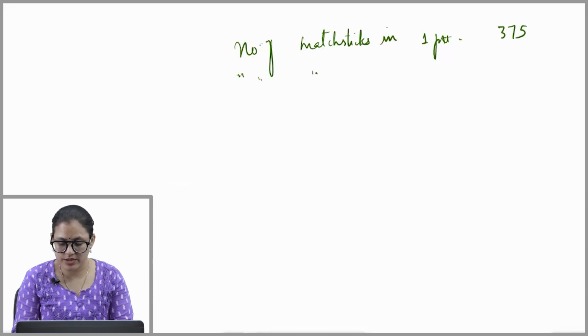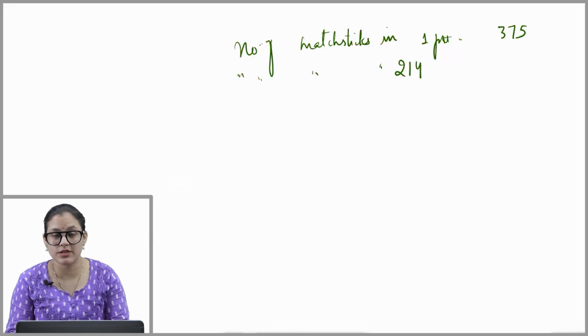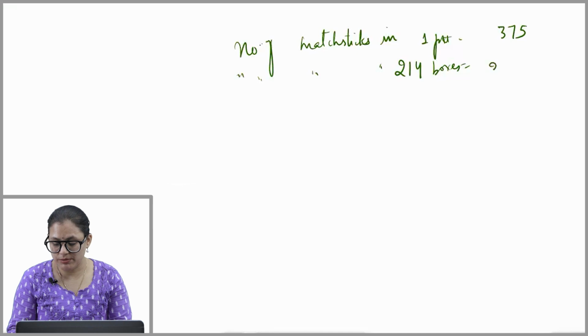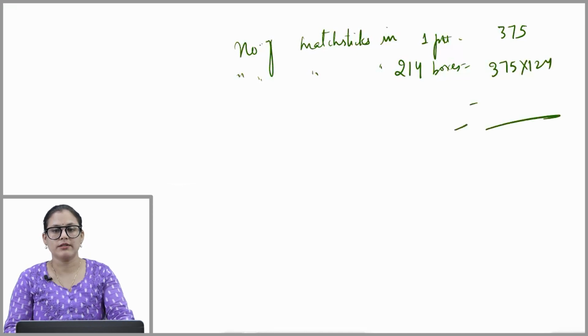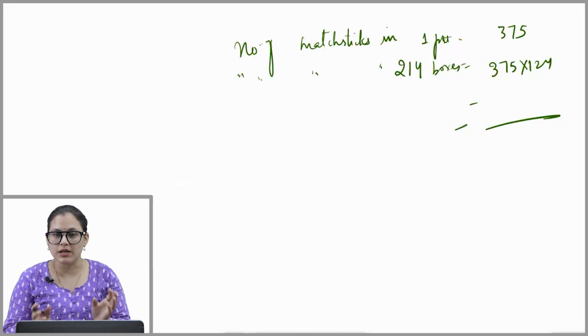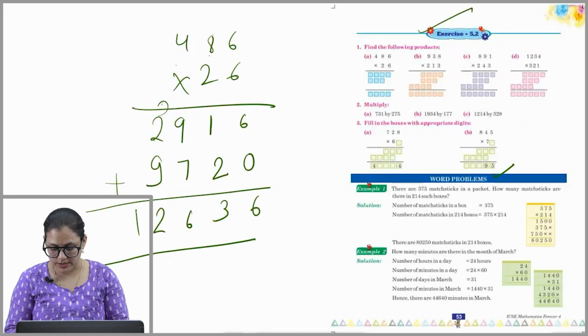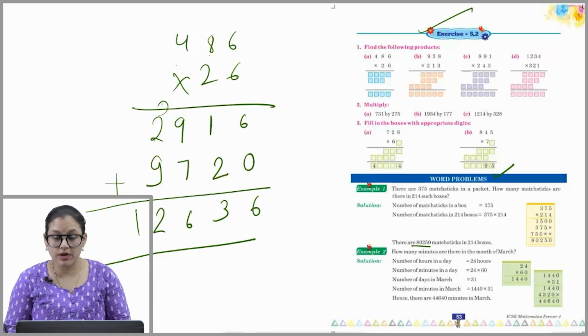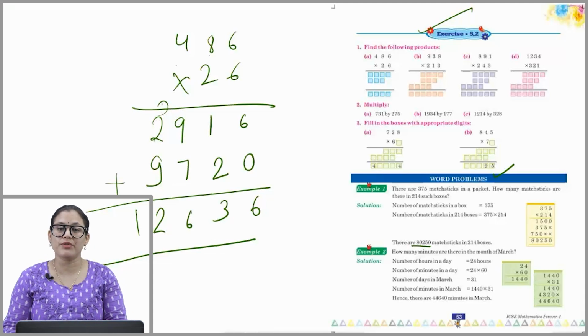Number of matchsticks in 214 such boxes. So what will you do? You will multiply these two numbers, and after multiplying you will get the answer, how many matchsticks are there in 214 boxes. 80,250 matchsticks are there in 214 boxes.